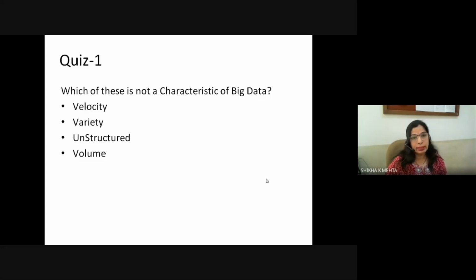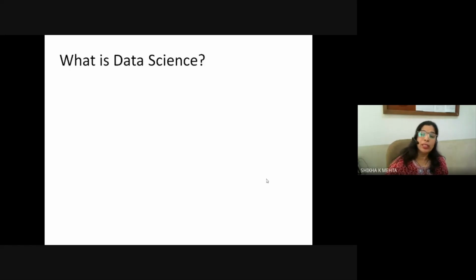Since we have discussed analytics, now let us understand. We come across the terms data analytics and data science. So, can anybody tell me what is data science? Yes, please. Please unmute and share your opinion, whatever you know about it. What is data science?